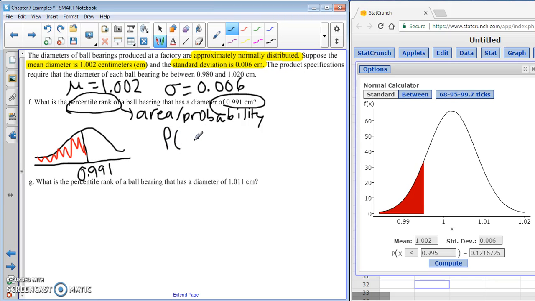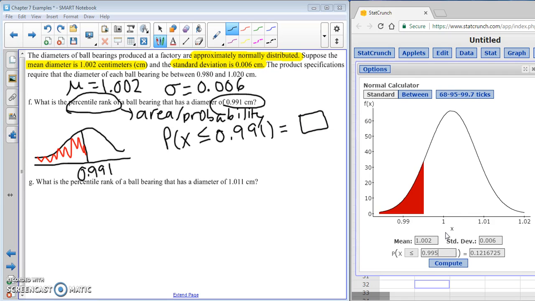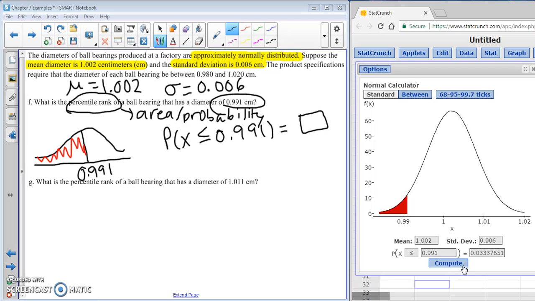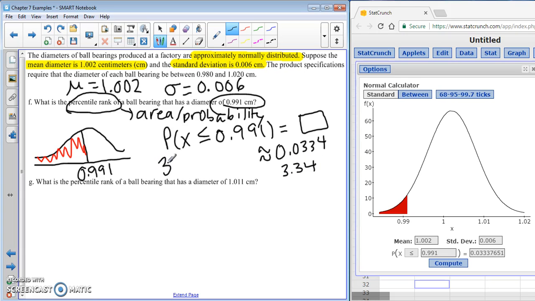So what is the probability that x is less than or equal to 0.991? So we're going to change this to 0.991 and compute, and we get approximately 0.0334, right? If I multiply this by 100, that gives me 3.34, so we're looking at approximately the 3rd percentile.